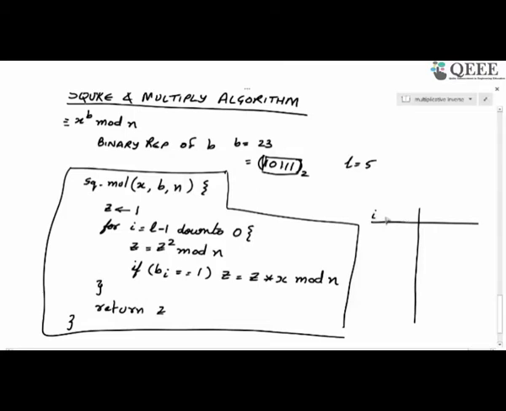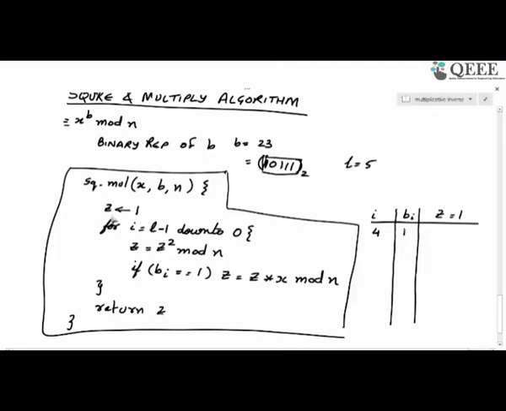So we'll take I equal to some number, so that's the iteration. So I equal to L minus 1 initially, so I is equal to 4, and let's take the value of the bit bi, and let's take the value of z. So initially z equal to 1, and bi is the bit b4, which is this top bit over here, so this is also 1.